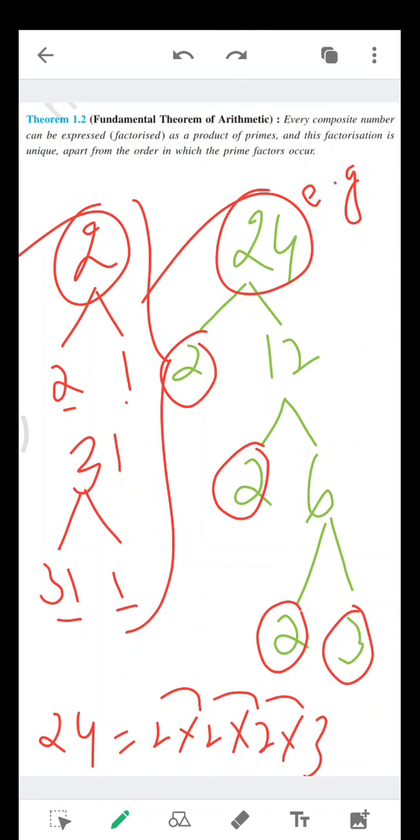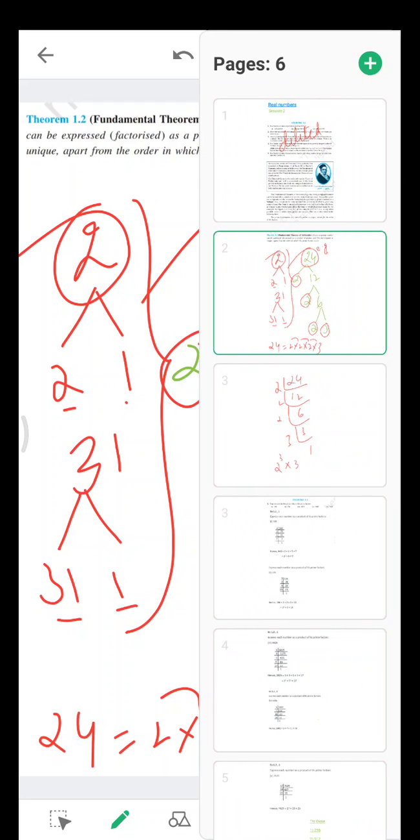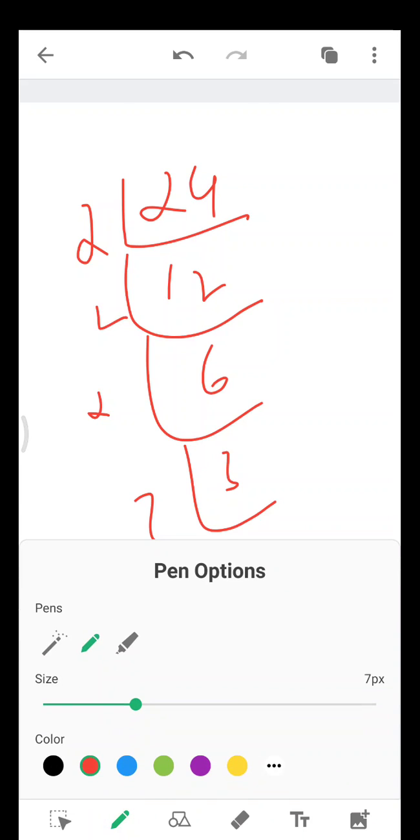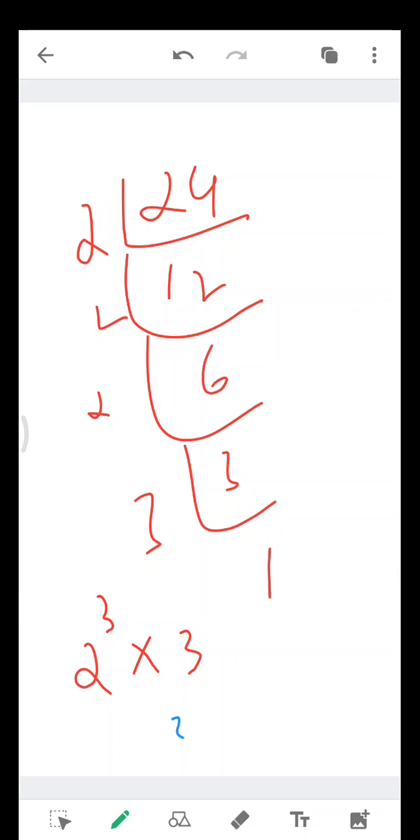Okay, so let's go through it again. Every composite number can be expressed as a product of primes, clear? And this factorization is unique apart from the order in which the prime factors occur. So here I can write this as 2 cube into 3, or I can write it as 3 into 2 cube. That doesn't matter.